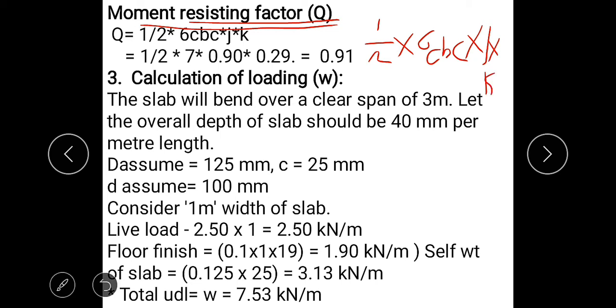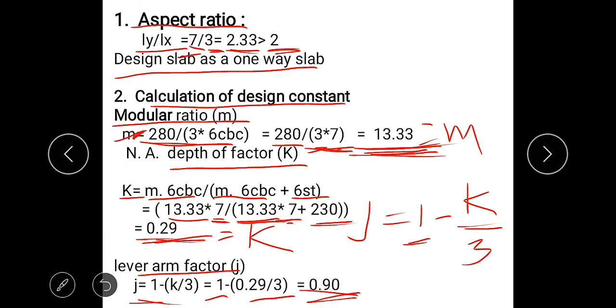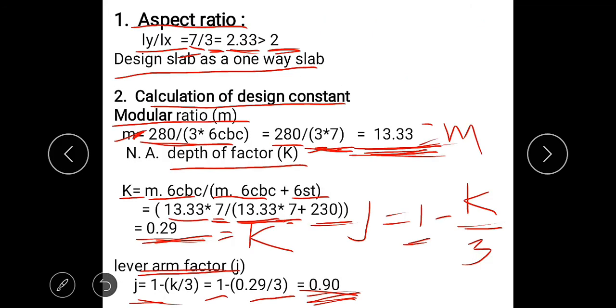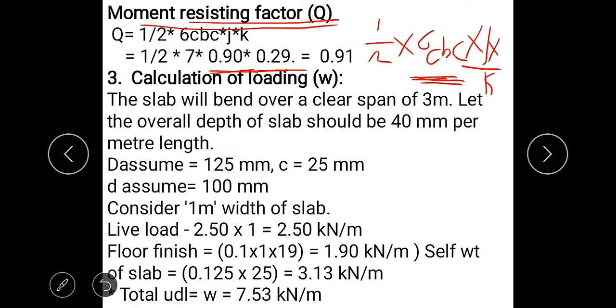So 1 by 2 into sigma CBC, the permissible stress in concrete, which is 7, into j, the lever arm factor, 0.90, into k, the depth factor, 0.29. The value of Q is 0.91.